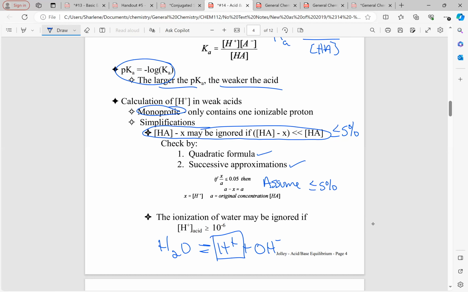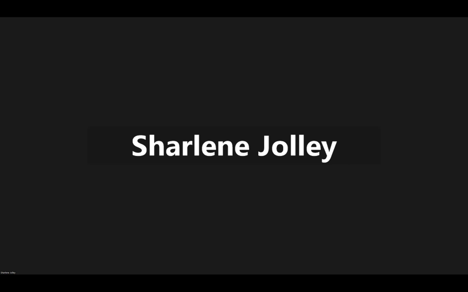And remember, 1 times 10 to the minus seventh is water at equilibrium. So as long as the number from the weak acid is greater than or equal to, we're just going to say the magnitude 10 to the minus sixth, it is okay if we ignore water.